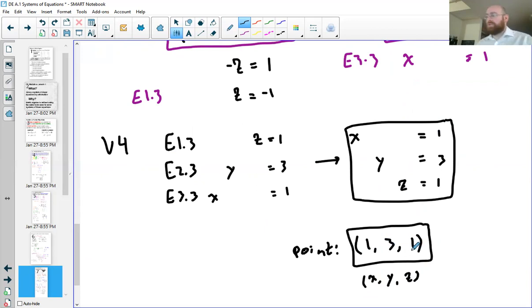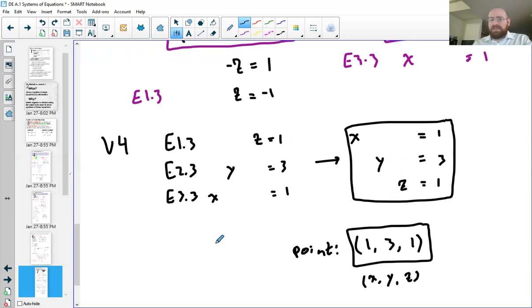So be careful with the order of your answers if you write them as points. If you write it as a list of variables, ideally, you would take that extra step to put them in order. But if you kept it like this, z equals 1, y equals 3, x equals 1, you're still clearly stating which variable has which value. So that would be correct as well.